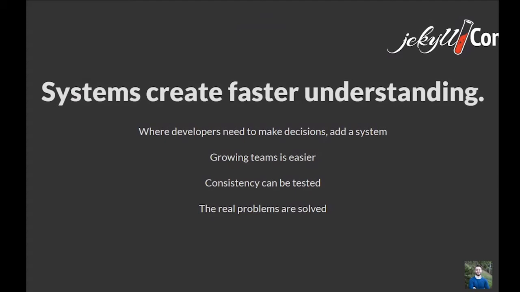The consistency can be tested, so we can add linting to our CSS to make sure it matches a certain pattern. And this way we can keep our costs low and focus on solving the real problems we want to solve rather than repeating work over and over again.